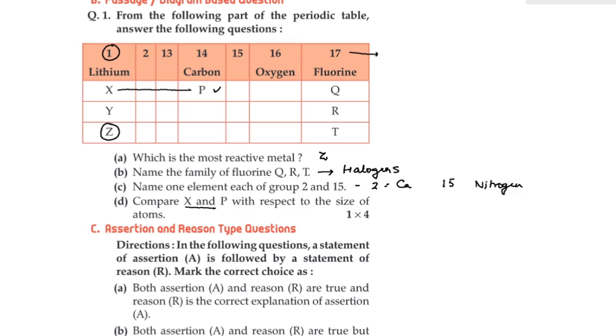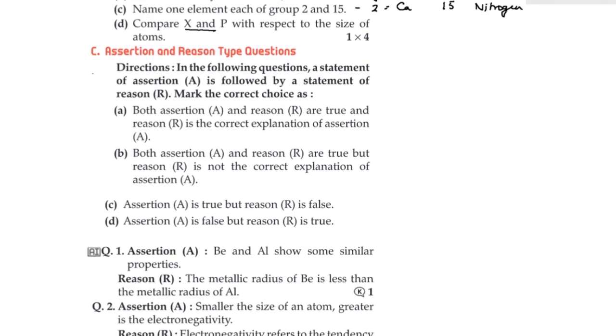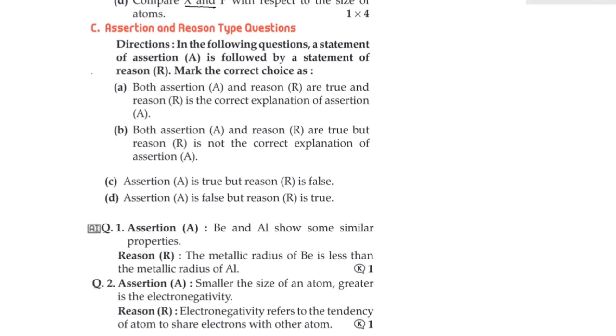When we move left to right in a period, nuclear charge is increasing, so X is bigger in size than P because X has lesser effective nuclear charge. Or we can say that in a period, moving left to right, the atomic radius decreases.